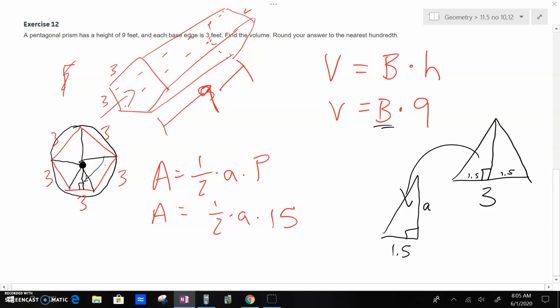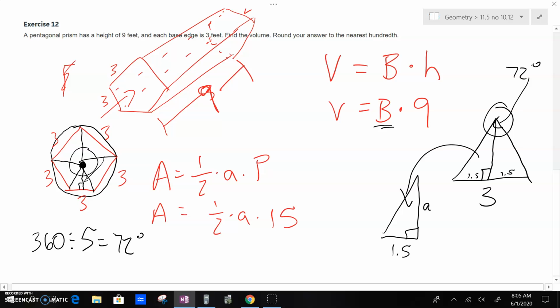So what that means is that there's 360 degrees to use up on the inside. I'm splitting that 360 degrees 5 ways. If I divide 360 by 5, I'm going to get those 5 equal central angles. Those are each 72. That means this angle up here is 72 degrees.